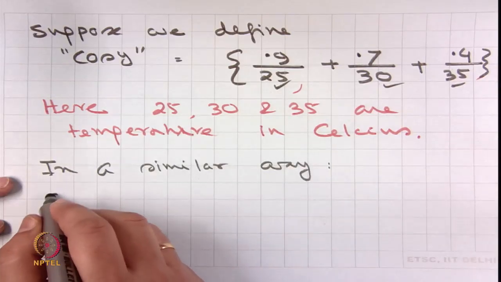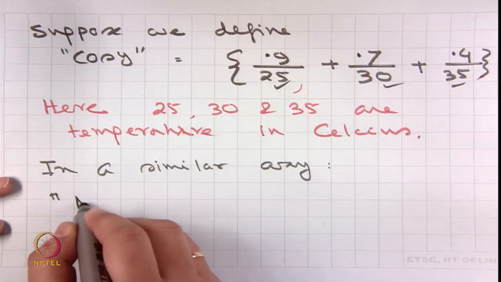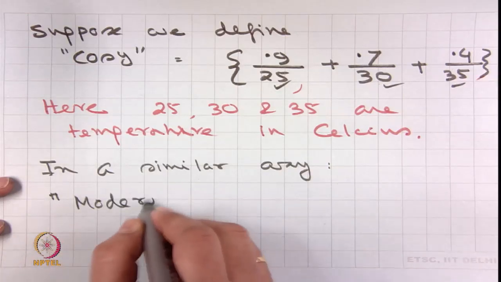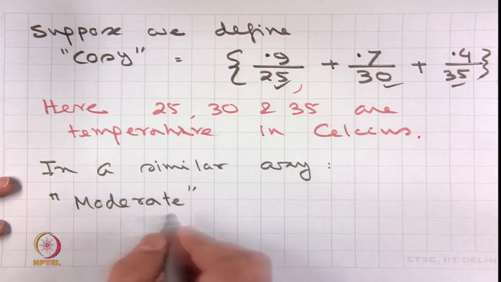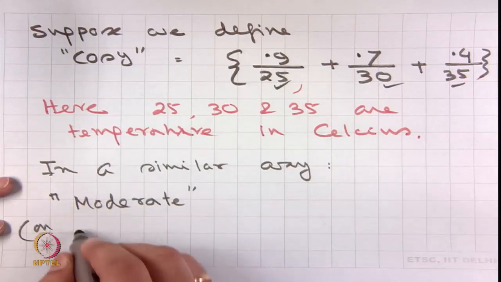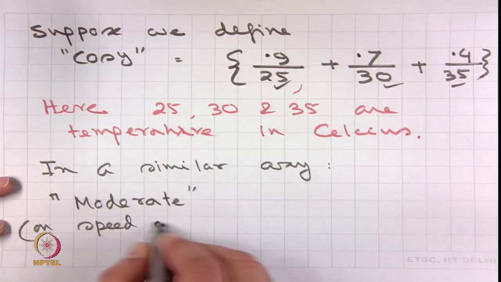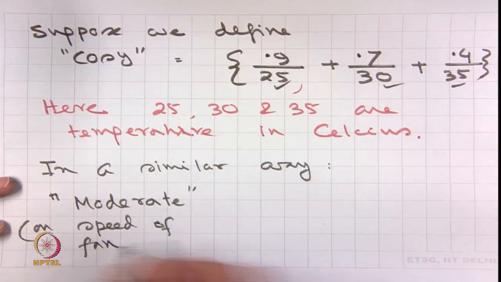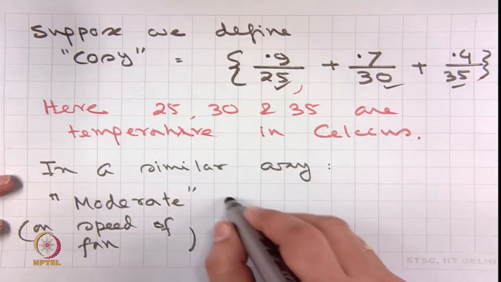In a similar way, suppose the fuzzy set moderate on speed of fan is defined as follows.